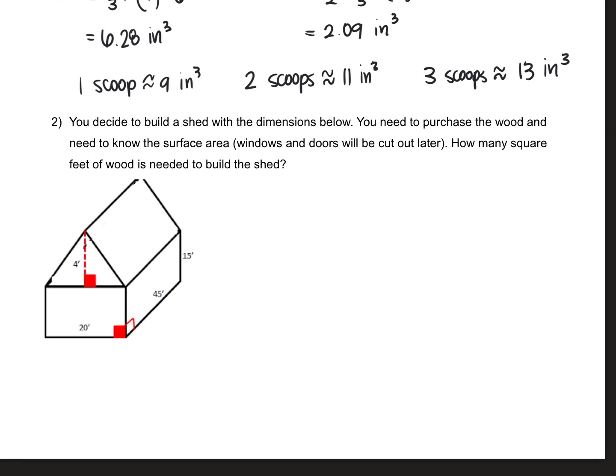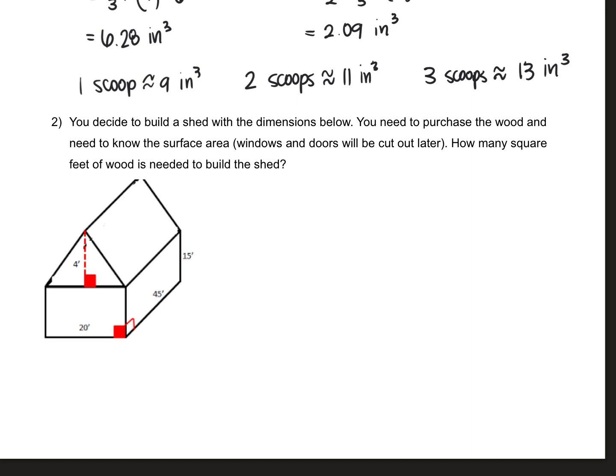Now we're going to come back to the example we had in section 2 with our shed. So now we're going to talk about purchasing the wood and need to know the surface area, windows and doors will be cut out later, and how many square feet is needed to build the shed. So here's an example of how we would use surface area in a problem.